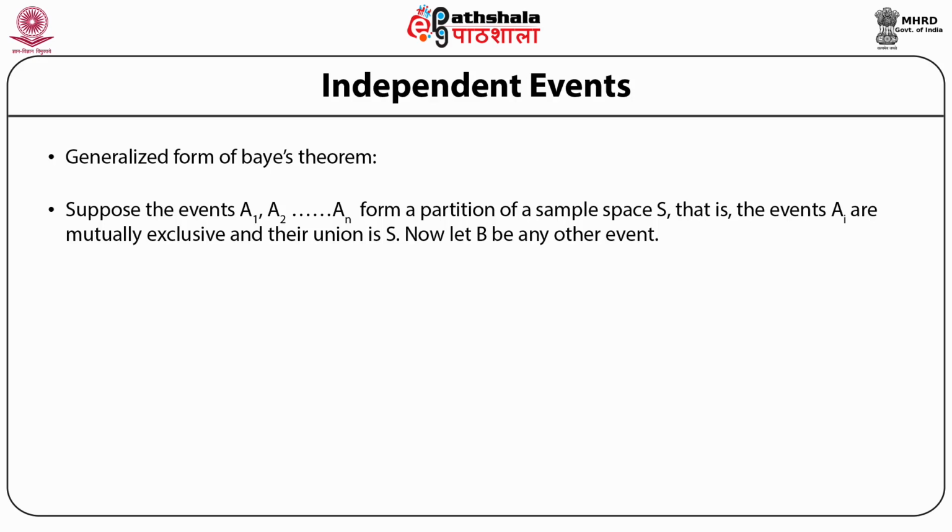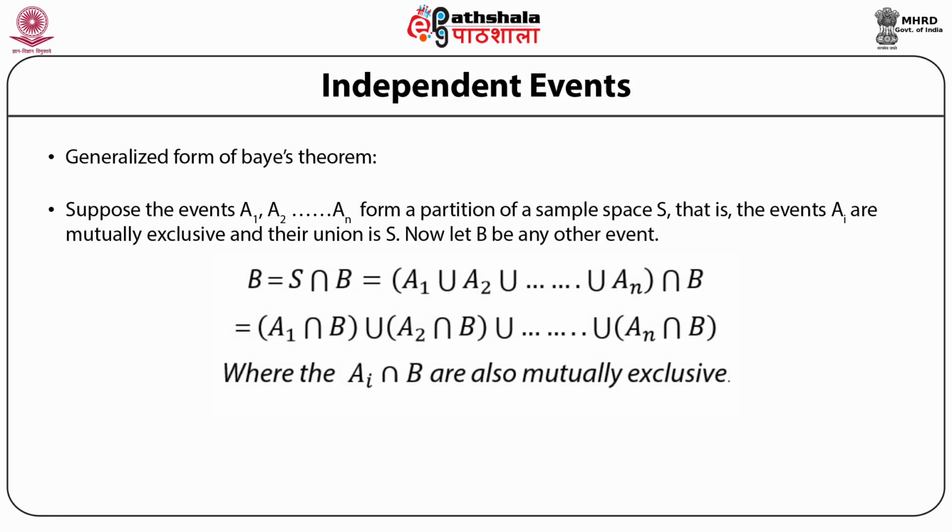Now let B be any other event. Then B occurs in combination with S, that is, S intersection B is equal to A1 union A2 and so on up to An, intersection B. This can be written as A1 intersection B, A2 intersection B and so on up to An intersection B, and their union, where the Ai intersection B are mutually exclusive.